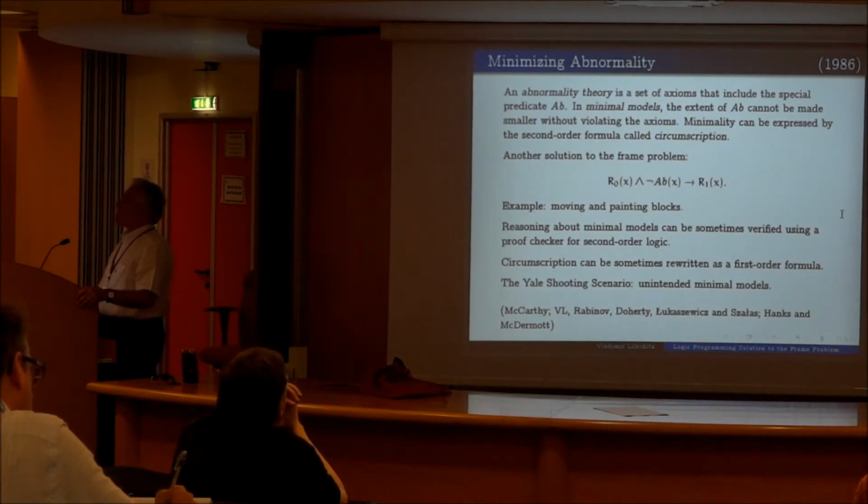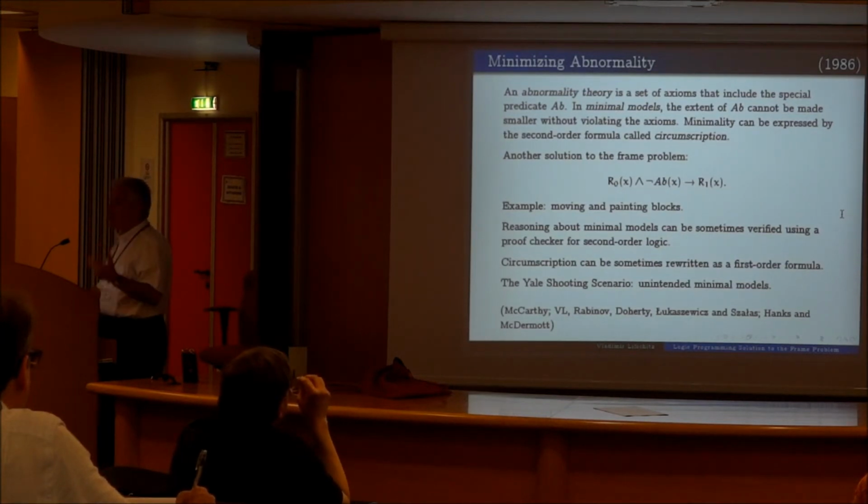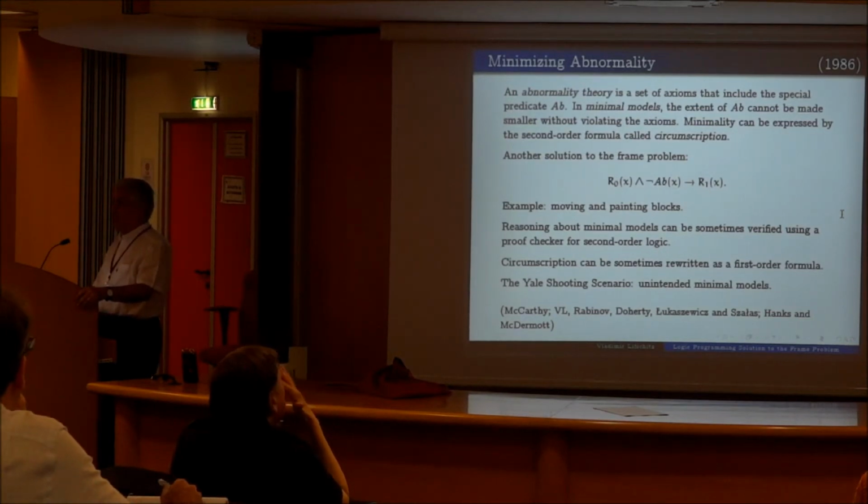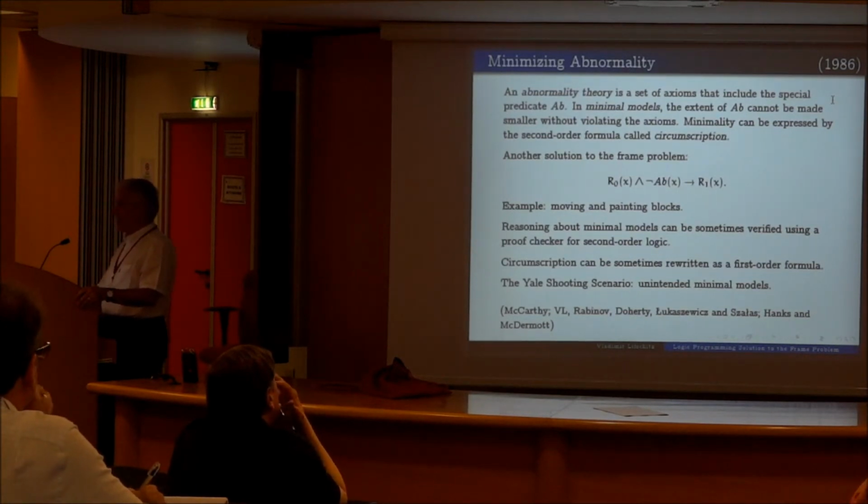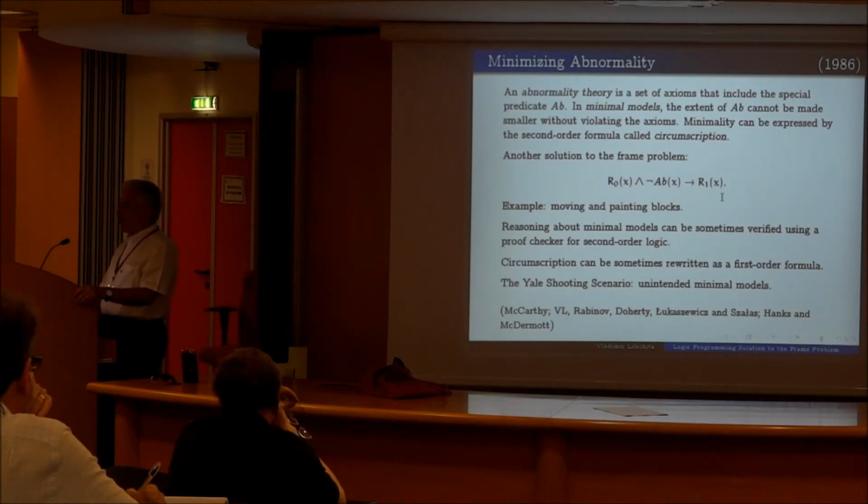And just as Reiter's default logic was a general approach to talking about defaults, which in particular Reiter applied to the frame problem, similarly, this idea of abnormality was a general approach to talking about defaults, and what McCarthy proposed is to solve the frame problem by writing this axiom here.